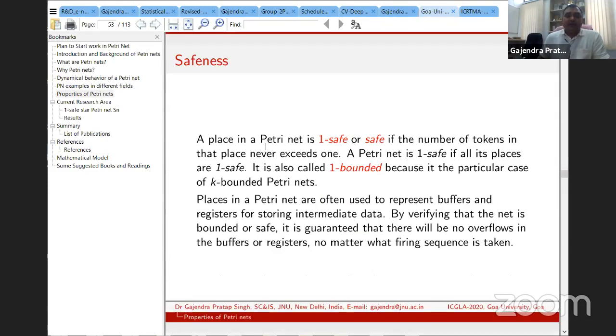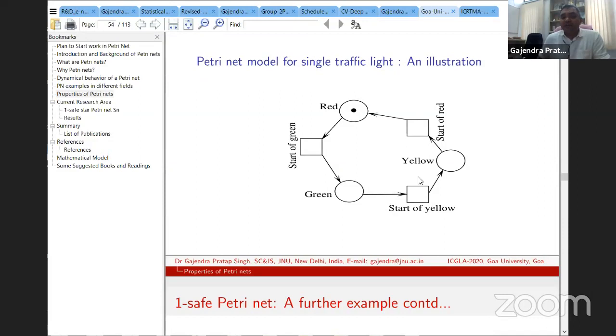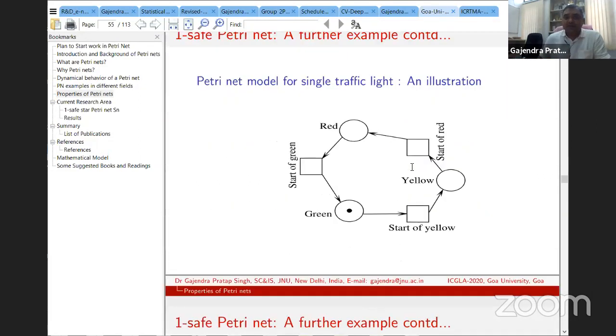Safeness. A place in a Petri net is one-safe or safe if the number of tokens in the place never exceeds 1. A Petri net is one-safe if all places are one-safe. It is sometimes also called a one-bounded Petri net. Now this is the example of the traffic light system. I'm leaving that slide. This is a safe system.